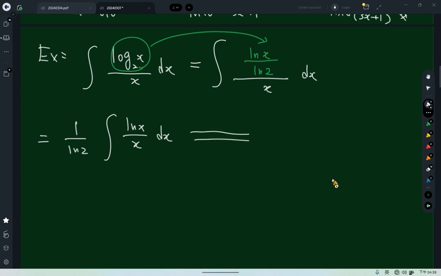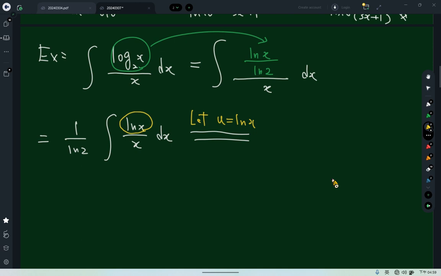So you can see here we can regard it as u. So what I'm trying to do, I'm trying to use substitution to make the integral simpler.